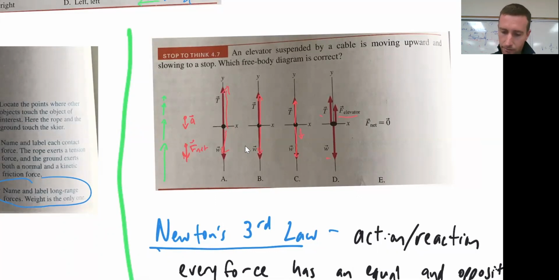I don't really know what the force of the elevator would be, so I don't think that makes sense. And this one just says there is no net force. Well, no net force would be the same as part B, right? Those two cancel each other out, but there are definitely forces. There's the tension force of the elevator cable, and then there's the weight of the elevator. So I would be left with part C, where I have a net downwards force.